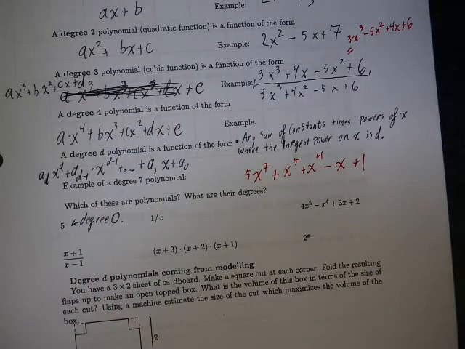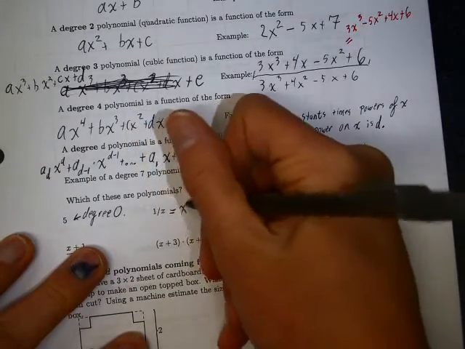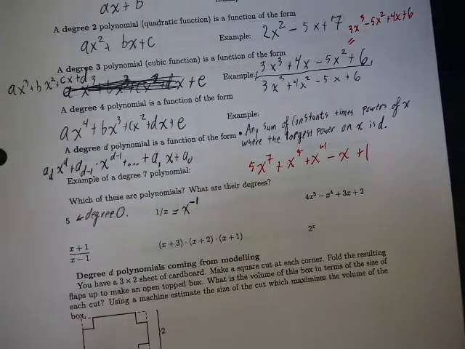Is 1 over x a polynomial? Folks for yes? Folks for no? So it is not a polynomial. You might say, well, it should be, because it looks like it's x to the negative 1. That's like a power of x, right? But in all of the polynomials I've written, do any of them have negative numbers in their exponent?